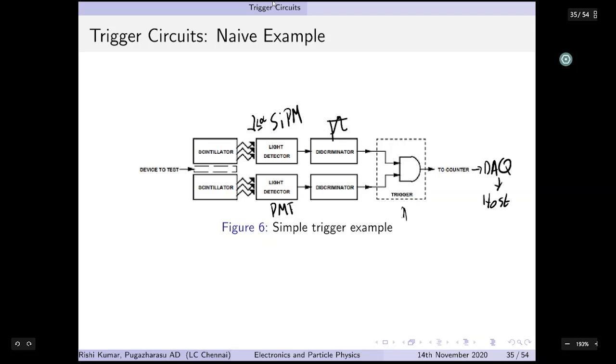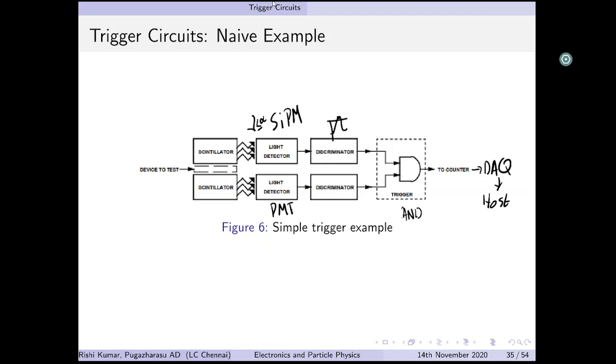This is a pretty simple comparator that we've placed here. Both of them say yes, both of them detect the same signal, and then it goes on; otherwise, no. This setup is sometimes referred to as a coincidence circuit. Basically, it can accept double coincident events and reject single ones.